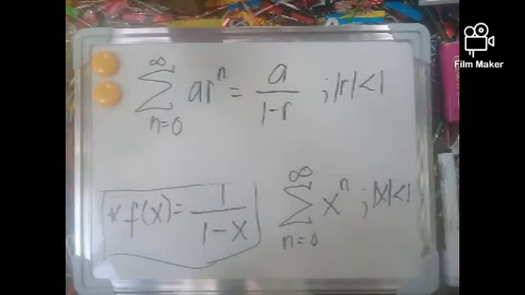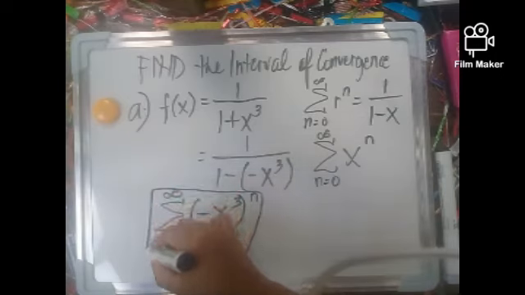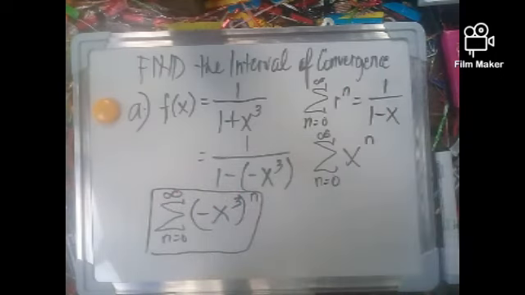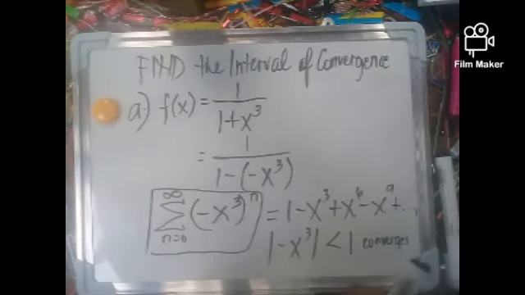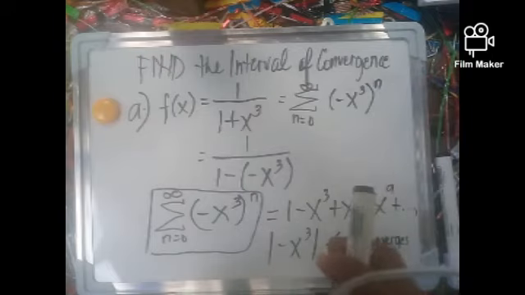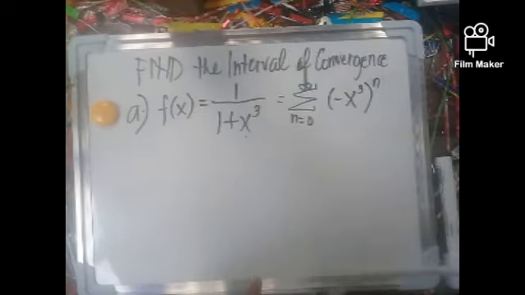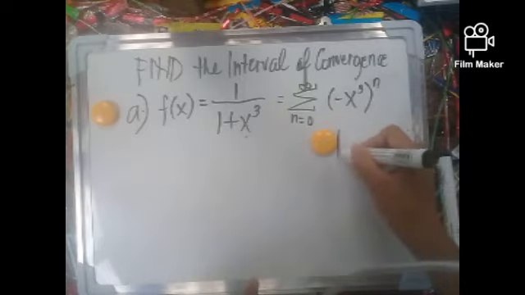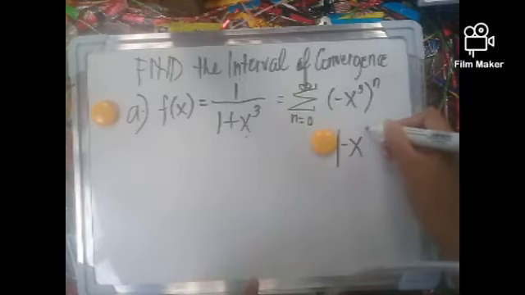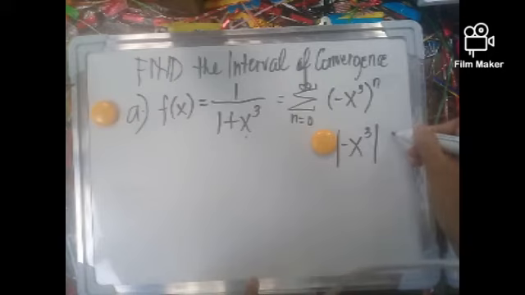For that series to converge, this is the power series of this function situation. The absolute value of negative x cubed will converge if it is less than 1.